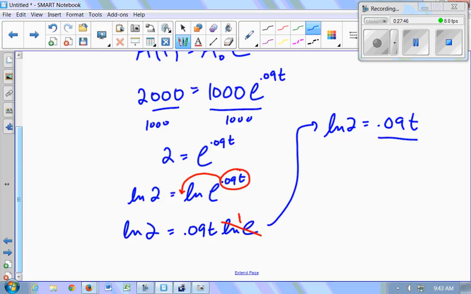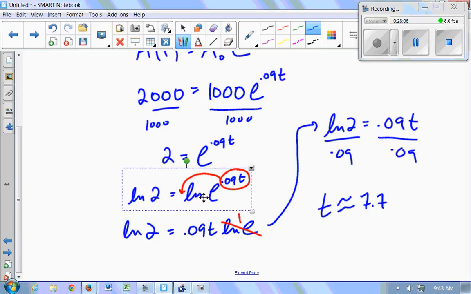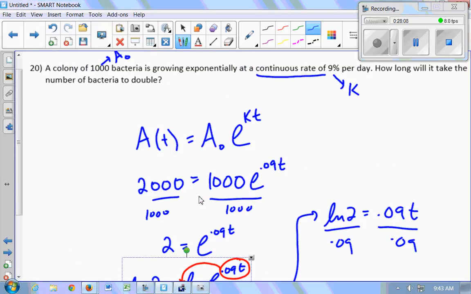And then divide out the 0.09. So ln of 2 divided by 0.09, 7.7. And this was being measured in days.